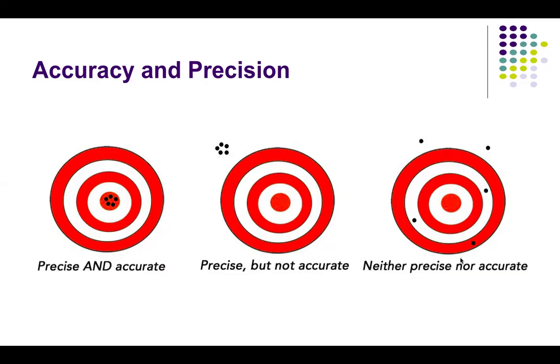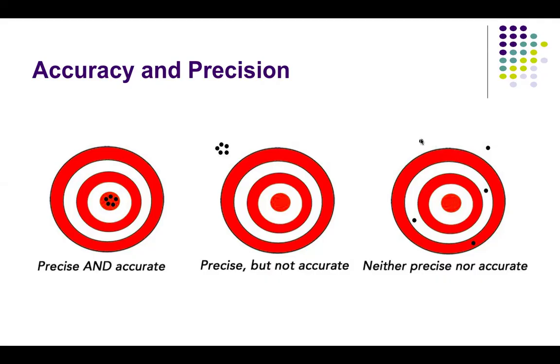But when we talk about accuracy, it is how close the data are to the target value. Suppose the target value is here. So this is the target value that we somehow theoretically know.